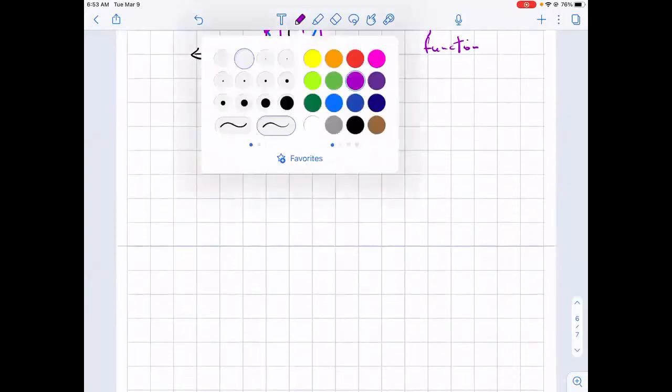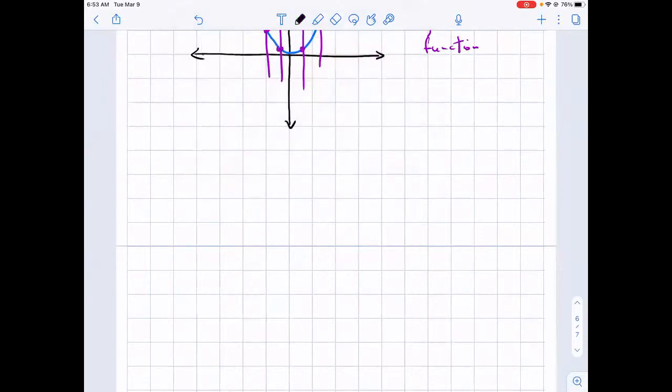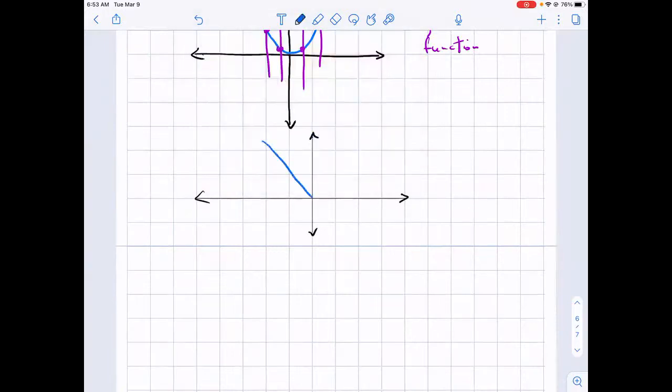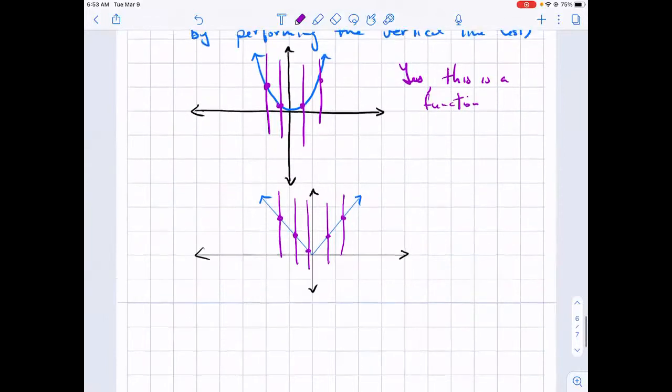You will notice that if we draw the absolute value, and we draw vertical lines, you will notice that this is a function, right? Once, once, once, once, once. So yes, this is a function.